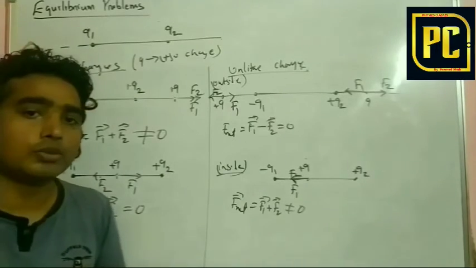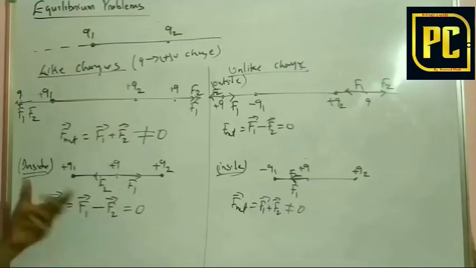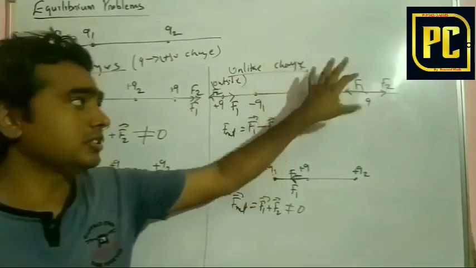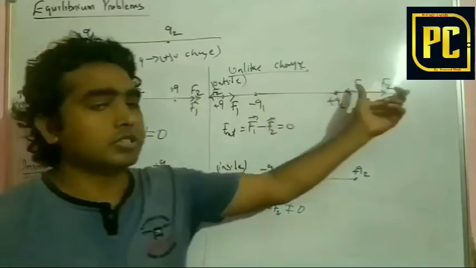So when we have two like charges, we put the charge somewhere in between, and when we have unlike charges, we put it either this side or this side.